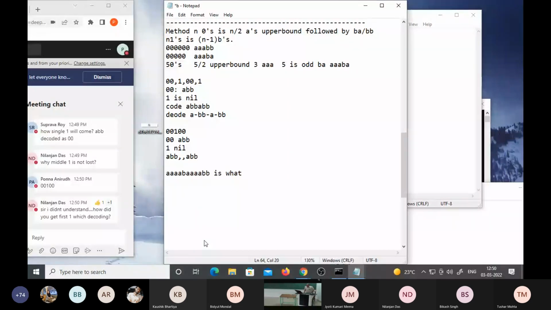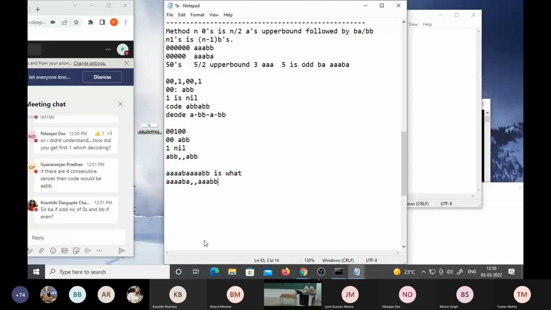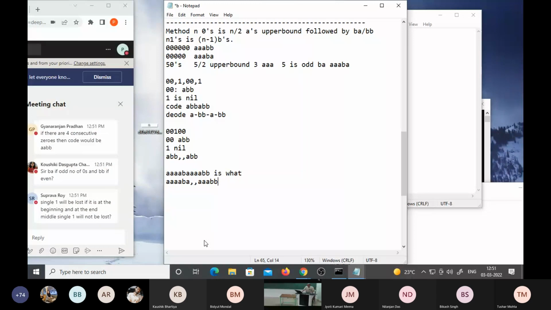This is like this: A, B followed by A, B. Is it correct? That is correct. Gyan is fully correct. Then what? Yes, fully correct.